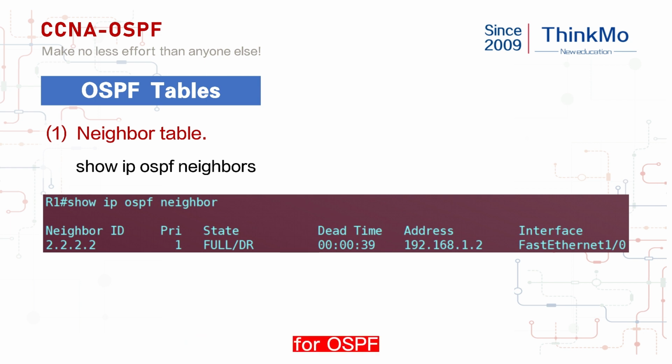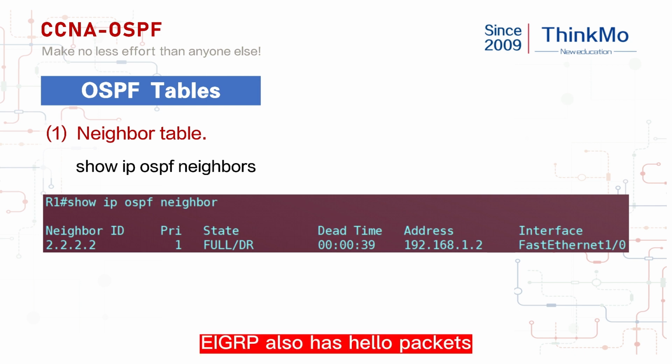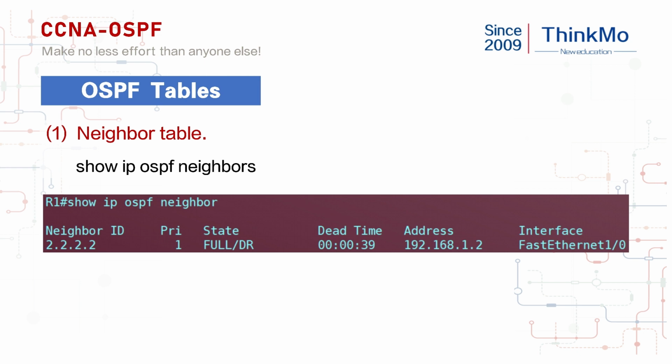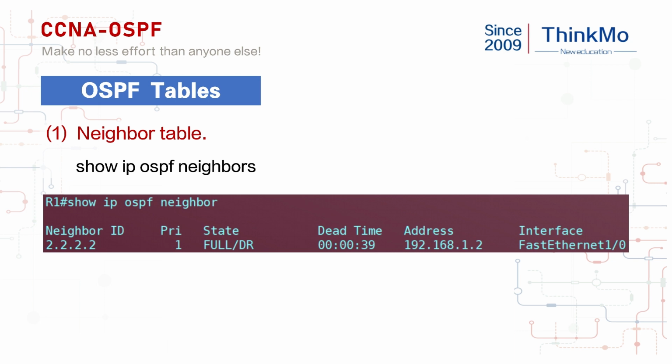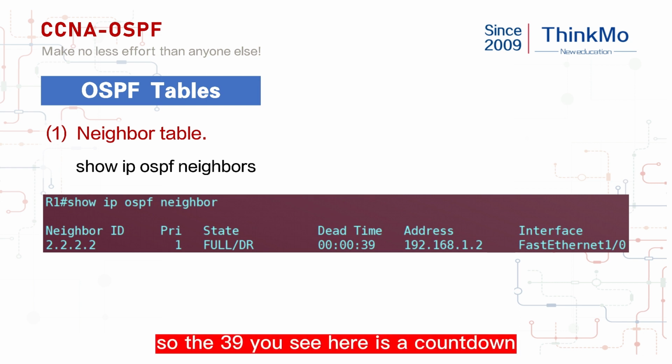For OSPF, there is also a hello packet. EIGRP also has hello packets. It's just that it is sent every 5 seconds, and 15 seconds to declare death. OSPF sends once every 10 seconds, and 40 seconds to declare death. So the 39 you see here is a countdown.